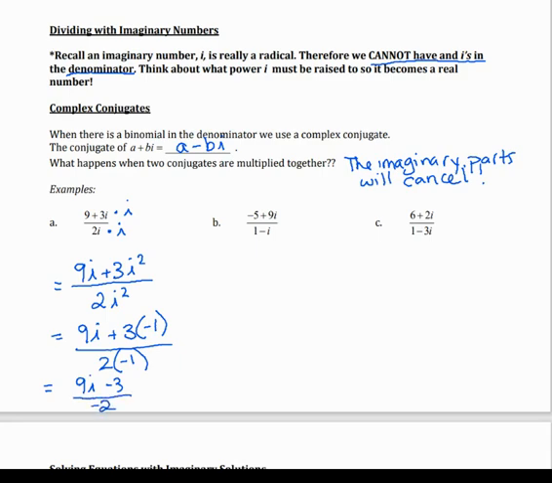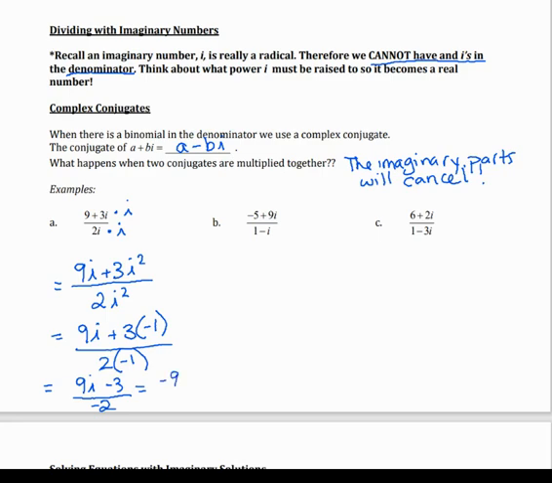Now that we've simplified, there's a couple things to do so that this is written in a nice way. Whenever we're writing complex numbers, we always have the real part come first. So I want to have the 9i part come second. The other thing is that we never really like to have negatives on the bottom. So if I was just to clear the negatives, I'd bring that negative up top.